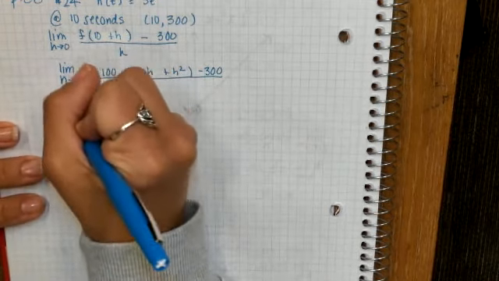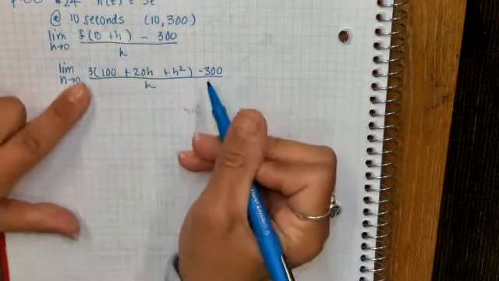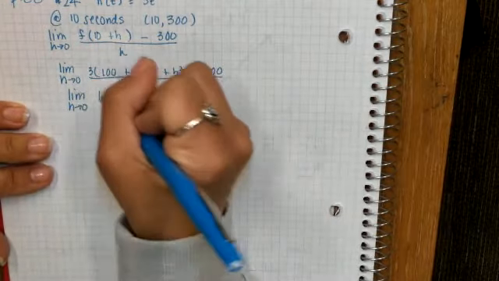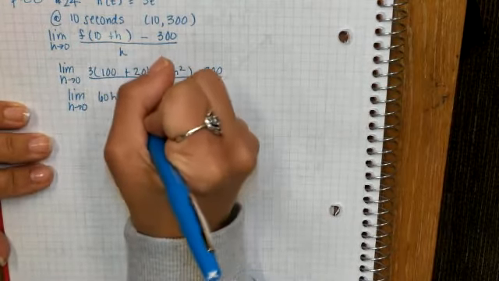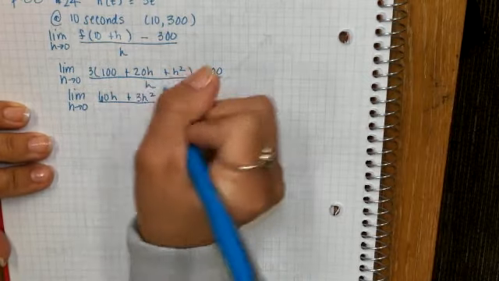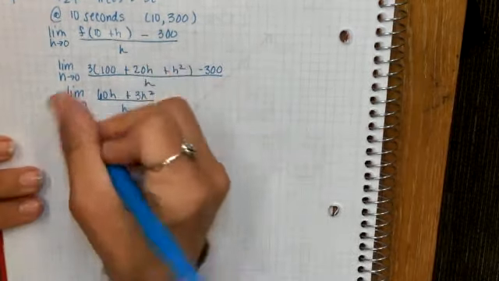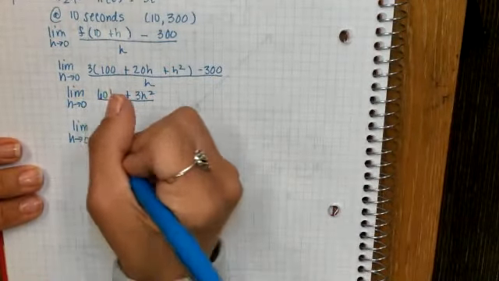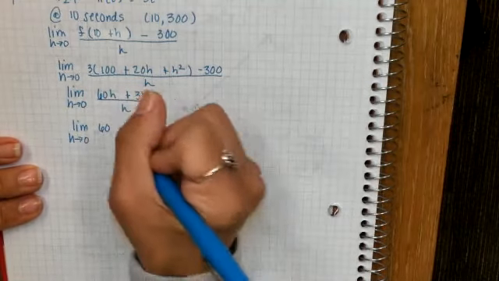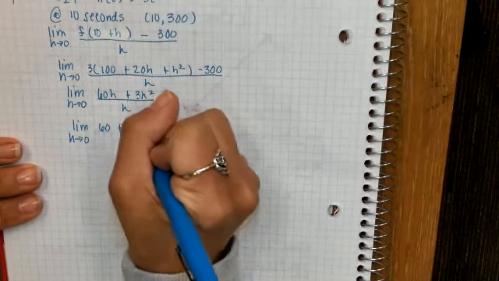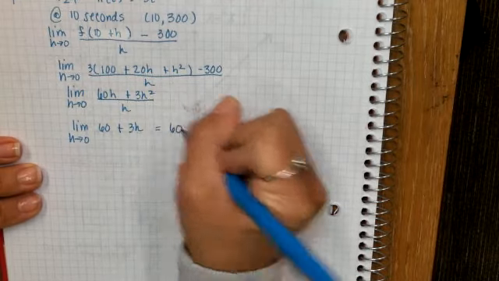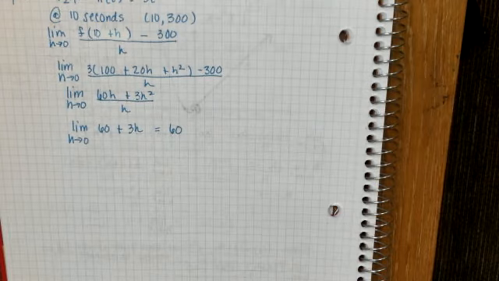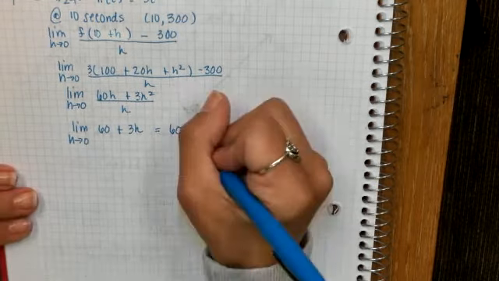This is the limit as h approaches 0. 300 minus 300, so we get 60h plus 3h squared all over h, which is the limit as h approaches 0 of, how about 60 plus 3h, which is 60. I don't know what our units are. Feet per second.